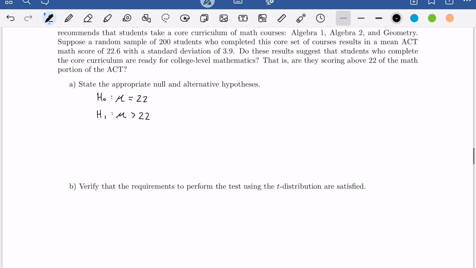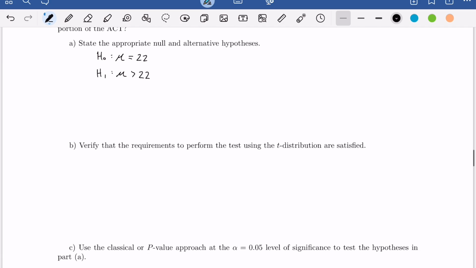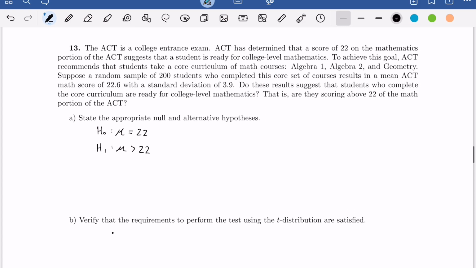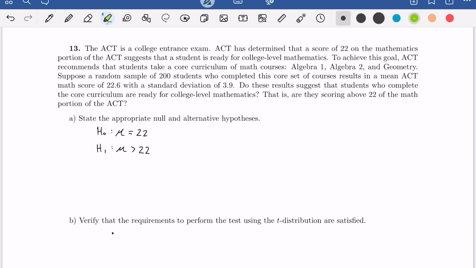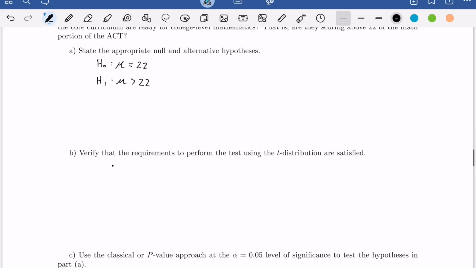For part B of this question, verify that the requirements to perform the test using the t-distribution are satisfied. So let's just do bullet points for this one. We know that the sample size is random. We were given that in the problem statement here. So we'll just state that sample size is random.